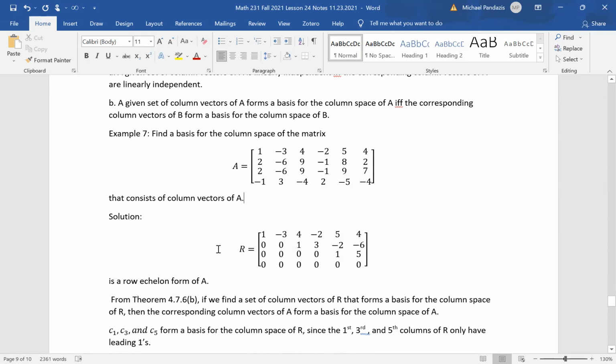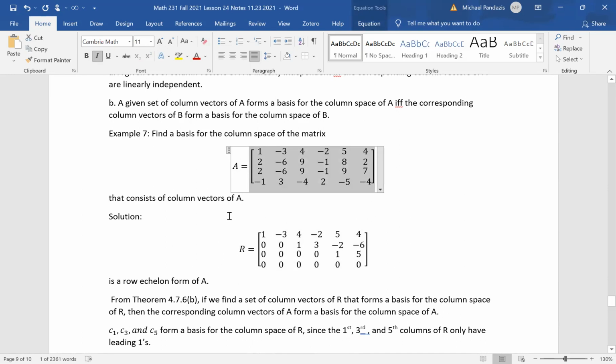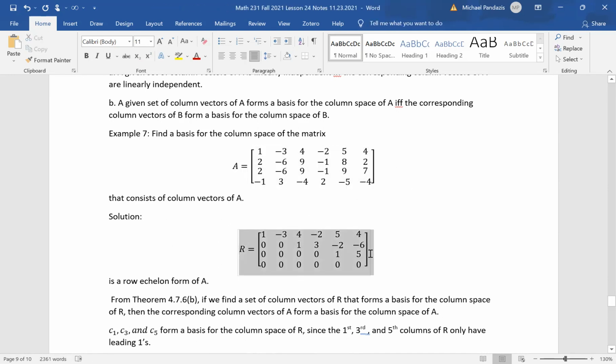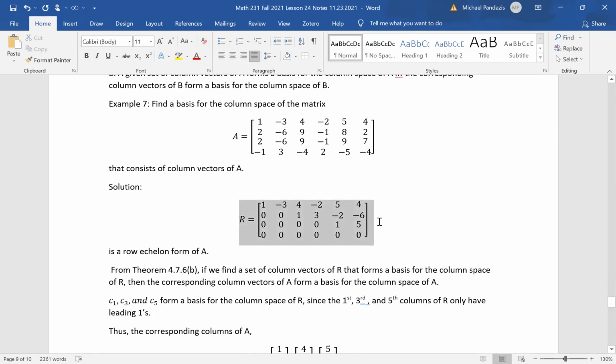Solution. First, get your matrix in row echelon form. So you start with this matrix A, and you can get it to row echelon form in this way, where there are three leading ones in these positions. Okay, if you got this matrix in row echelon form, you might get a different matrix, but the ones would be in the same places.